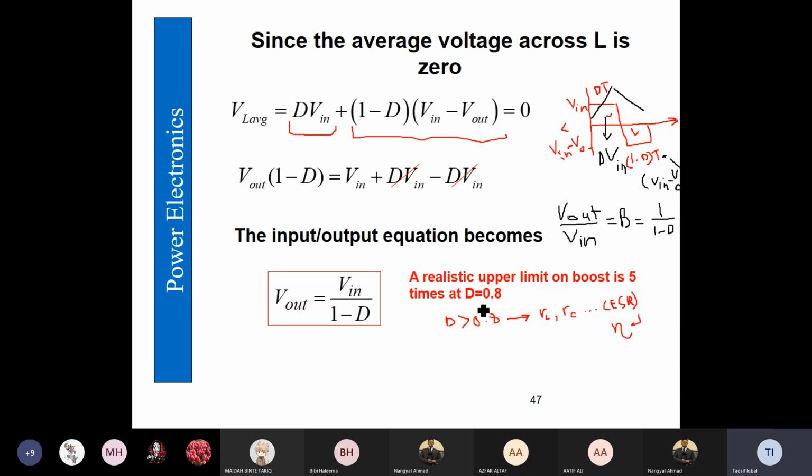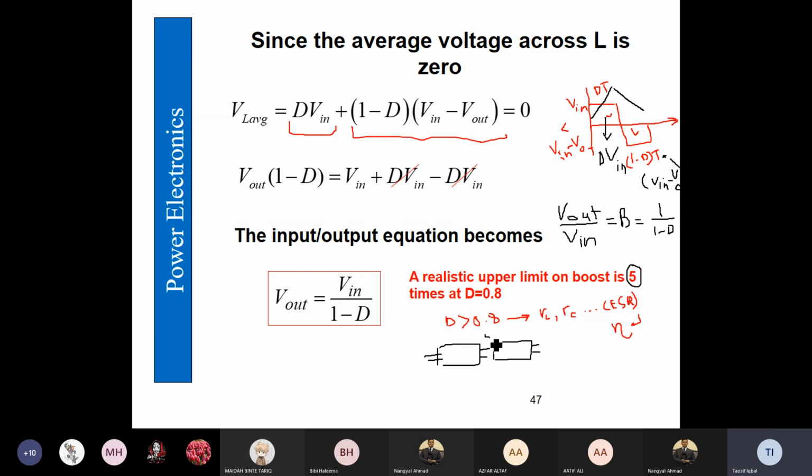So let's suppose, as we said earlier, the realistic upper limit for the boost converter is 5 times. So the boost factor should not be higher than 5. If we need a higher gain, we have to apply 2 boost converters in series. We connect one boost converter, step up the voltage, and then use another boost converter to step up the voltage.